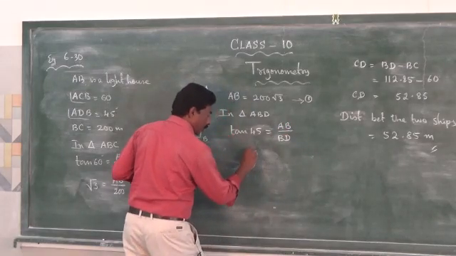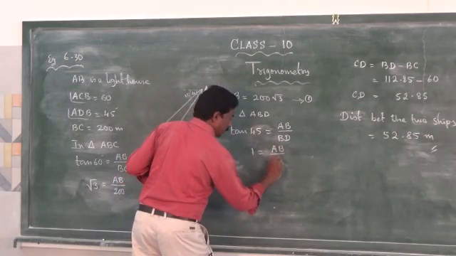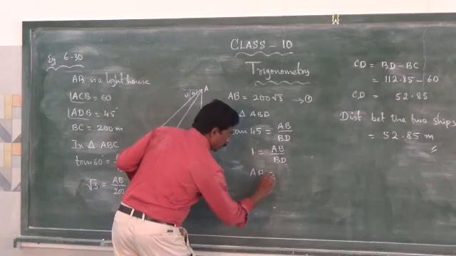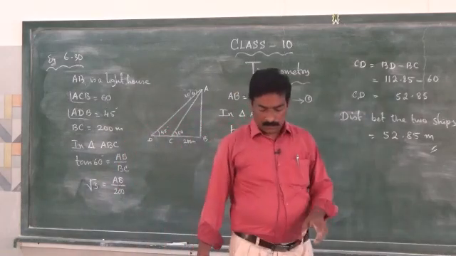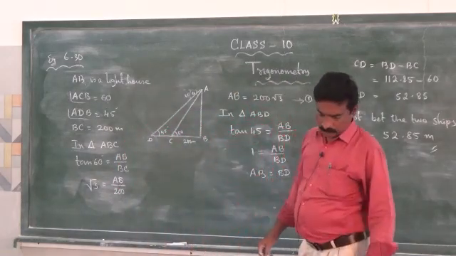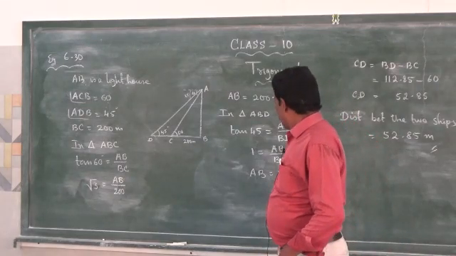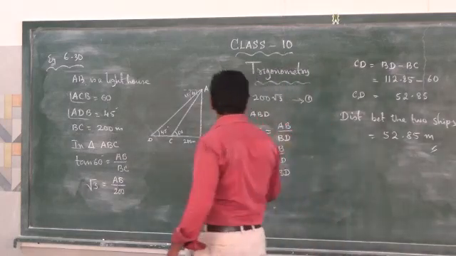Tan 45 is 1. When you cross multiply, AB is equal to BD.